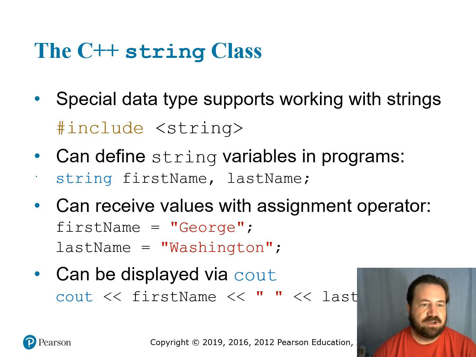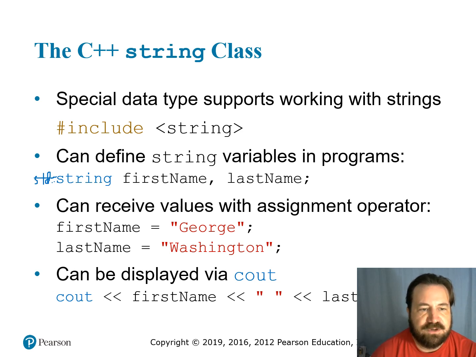Technically, you should put std::string, because string lives in the standard library namespace. But if you put that using namespace std that we've been putting at the beginning of all of our programs, you don't need to worry about this std:: bit.